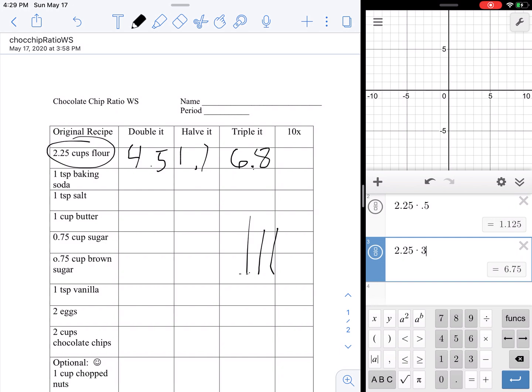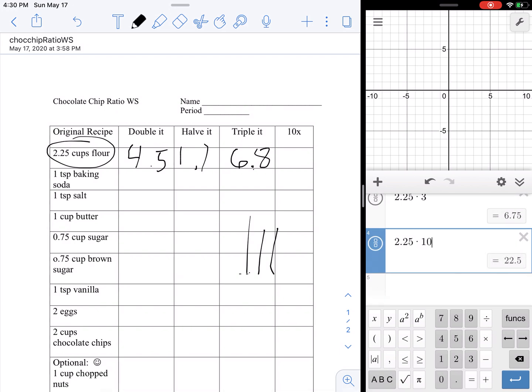And if we wanted to get 10 times the amount of cookies, we would take the amount of flour, in this case 2.25, and multiply it by 10, and we'd need 22.5 cups of flour. It's a lot of flour.